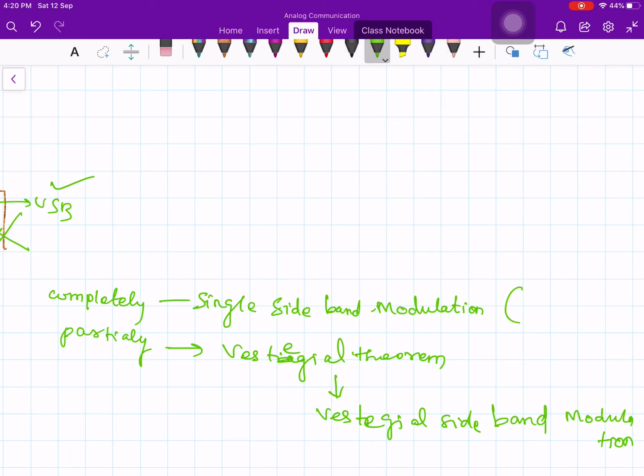Okay, this one is called SSB and this one is VSB. So there are two types of modulation in suppressed sideband modulation operation.